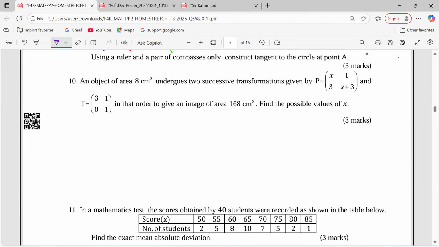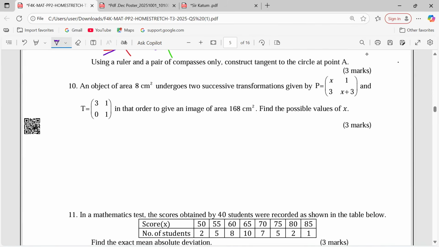Look at this. This is a successive transformation. And we are told in that order, meaning that P was performed first, then T. If P was performed first, then we should write it as TP. So this object underwent successive transformation TP.